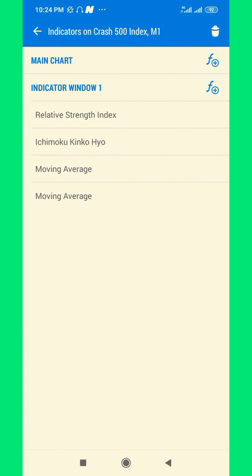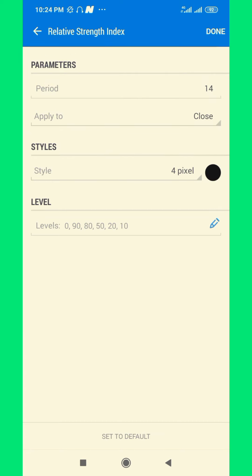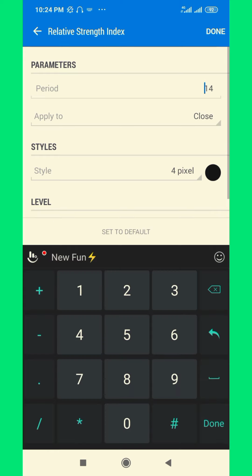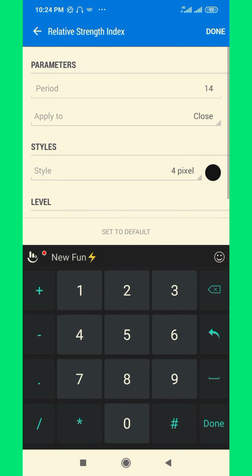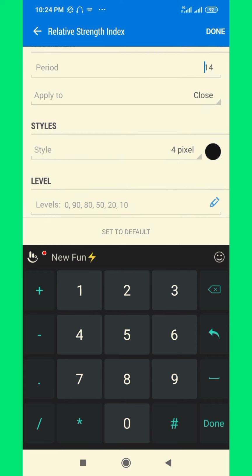Okay guys, the setup for the relative strength index is period 14, apply to close, style 4 pixel, and the levels we have there are 0, 90, 80, 50, 20, and 10. The color is black.